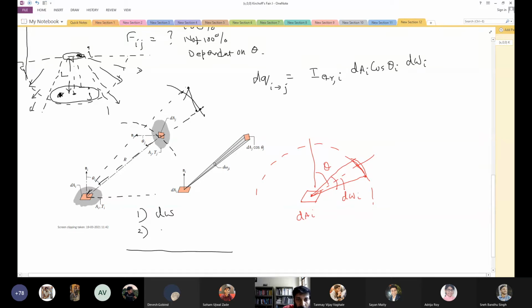So it is not dA but dA cos theta, because here at 90 degrees cos 90 will be 0. So apart from omega and lambda, these two are the things in which the intercepted energy will increase. So I dA cos theta i d omega will give us the total amount of energy intercepted.